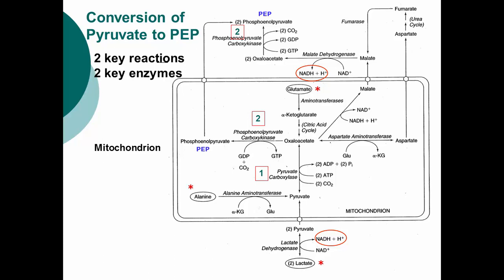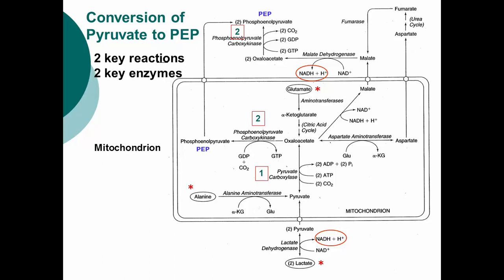In the mitochondria, we know the 2 key reactions, the key enzymes that you will need to memorize. For example, let's start from lactate, right? Lactate can be converted back to pyruvate using the same enzyme as in glycolysis. This is fine, right? So pyruvate then enters the mitochondria and can be converted back to phosphoenolpyruvate, and this involves one reaction, right?